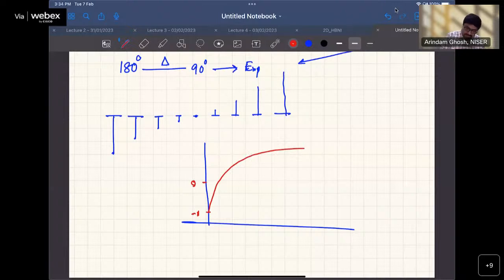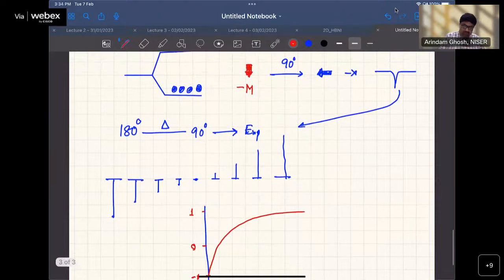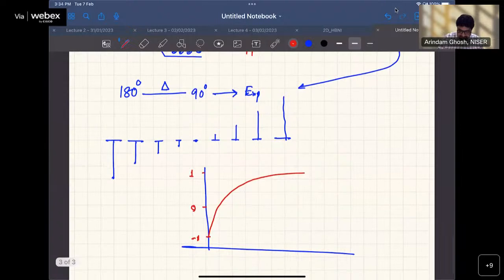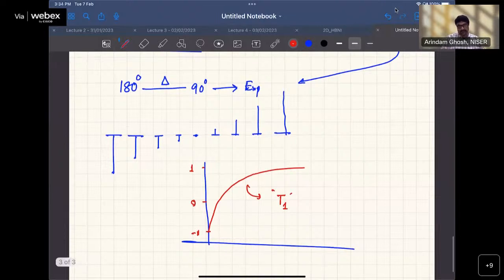So this tip is going to go from -1 to +1, because -1 is inverted, +1 is proper, and it will go through 0. The equation is going to be an exponential with T1 being the rate constant. I'll give you the equation at the end, but this is going to be the rate constant. So this is how inversion works.